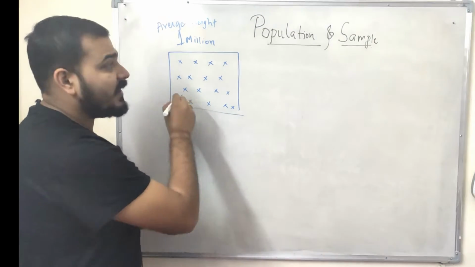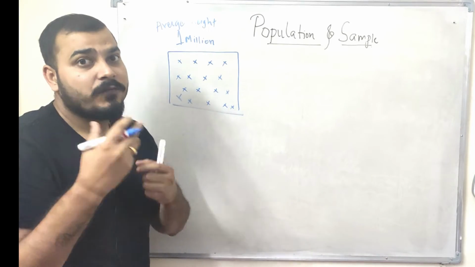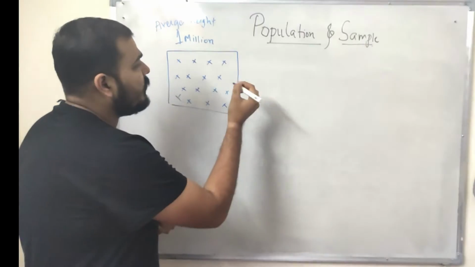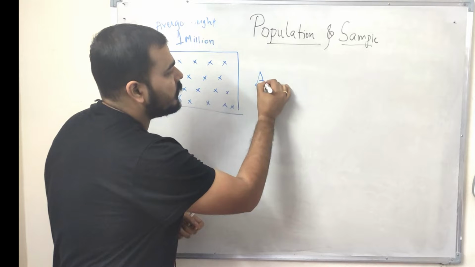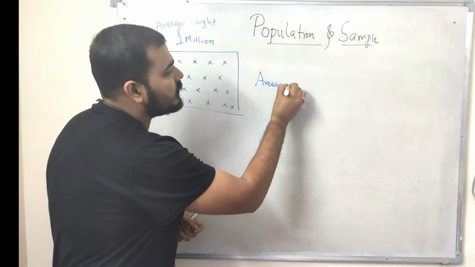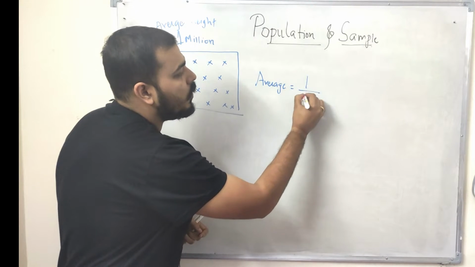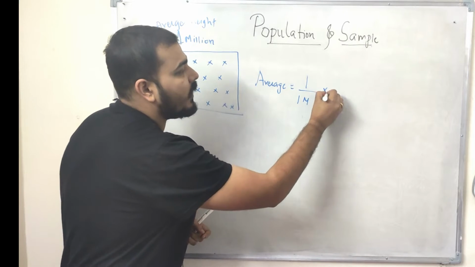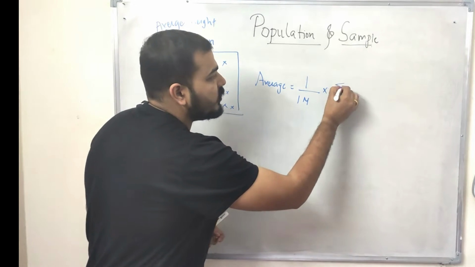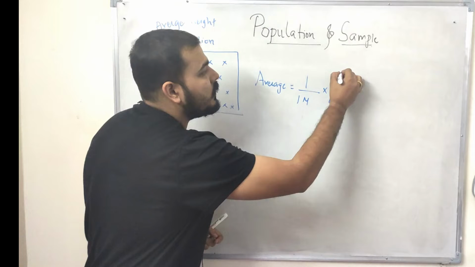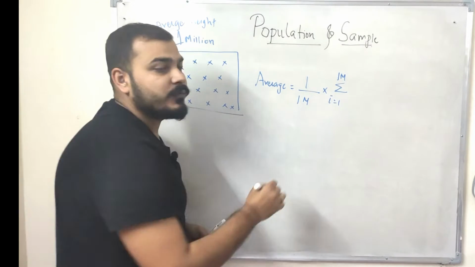Now I'm going to revise the mean formula also over here. So if I want to find out the average height, that basically means my formula will become 1 by 1 million multiplied by the summation of i equal to 1 to 1 million, right?